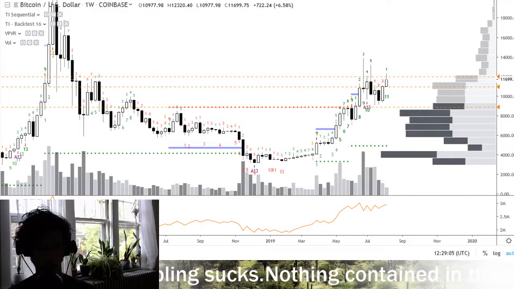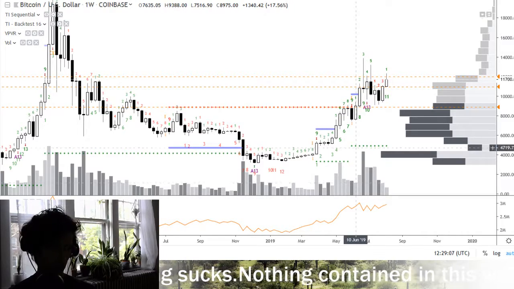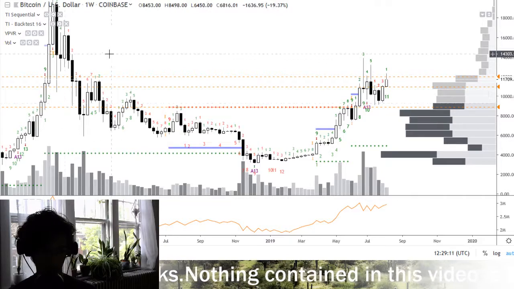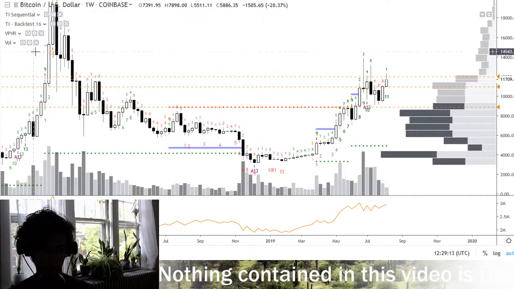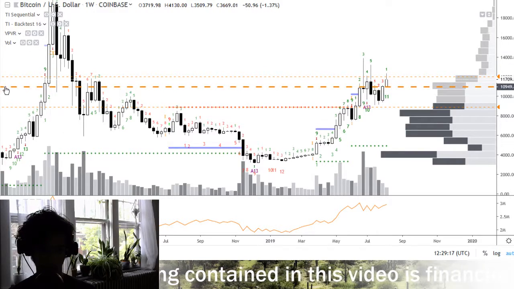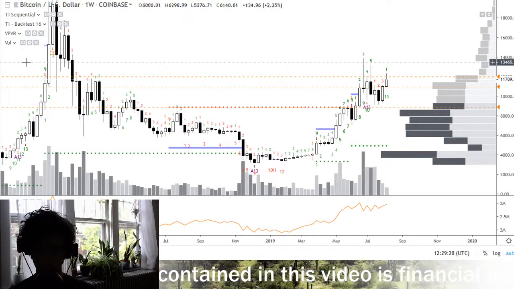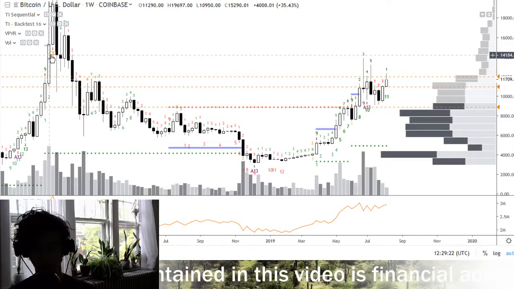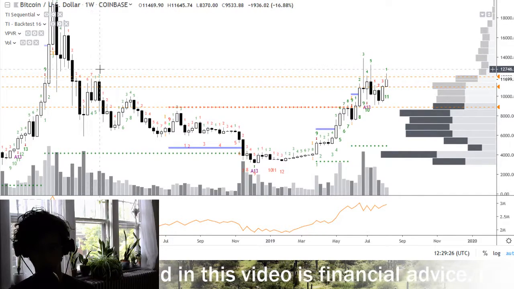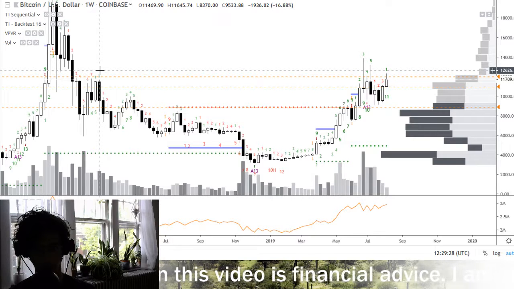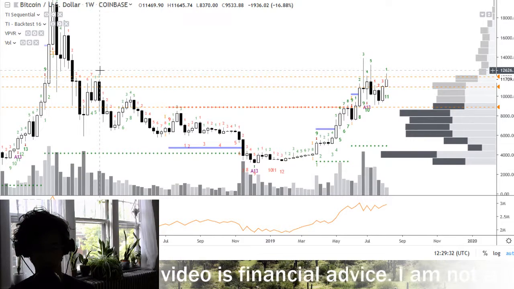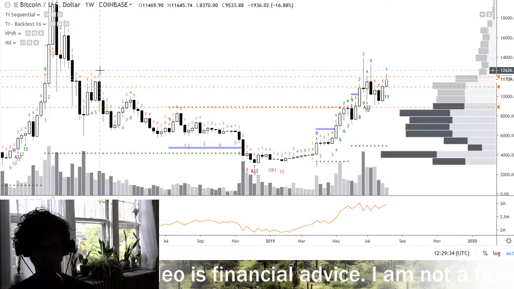This is currently the weekly chart. This is the price action from all the way back in November, October, all the way back here to the left is like September. But this is overall the arching price action of Bitcoin.